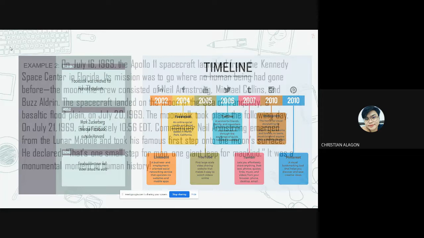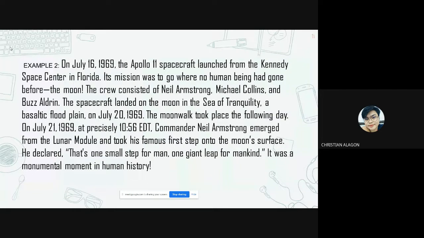Alright, so we have here a sample paragraph of the sequence. On July 16, 1969, the Apollo 11 spacecraft launched from the Kennedy Space Center in Florida. Its mission was to go where no human being had gone before, which is the moon. The crew consisted of the famous Neil Armstrong, Michael Collins, and Buzz Aldrin.